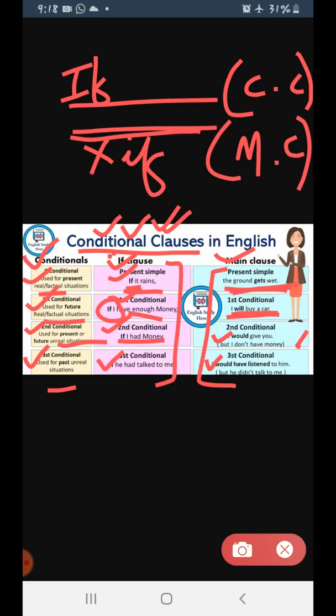This shows that the person had never talked to me. उसने मेरे से कभी बात ही नहीं किया. अगर उसने मेरे से बात किया होता तो मैंने उसे ज़रूर सुनना था, उसके बात को ध्यान देना था, पर उसने मुझे कभी बताया ही नहीं, कभी बात ही नहीं करी. That means the action is indicating the past. Clear to everyone?